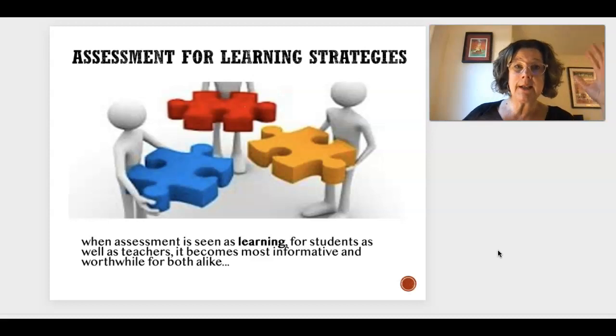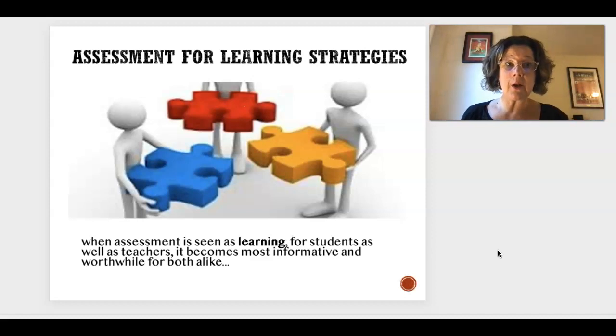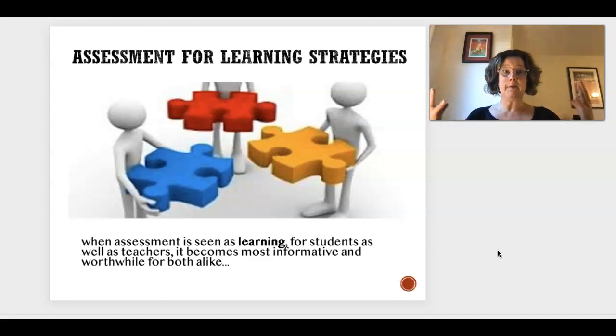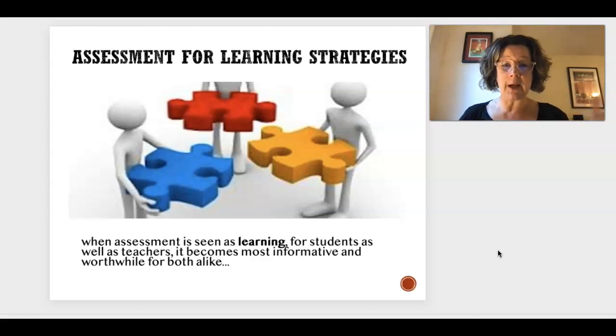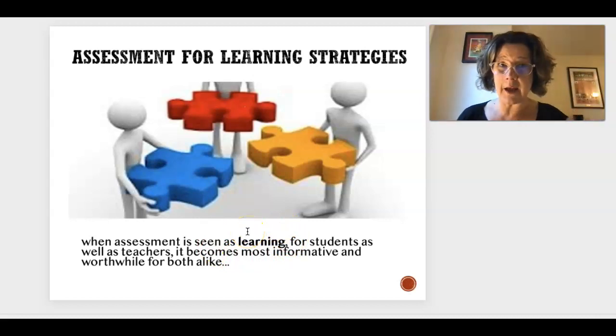Assessment really needs to be part of the whole learning process. And for you as a teacher, assessing the students where they're at, especially if they are fulfilling your learning outcomes, is absolutely important for you to know how to plan the next day, the next week, the next unit. So thinking about assessment as learning, and not that end guillotine kind of idea, will situate it better for you.